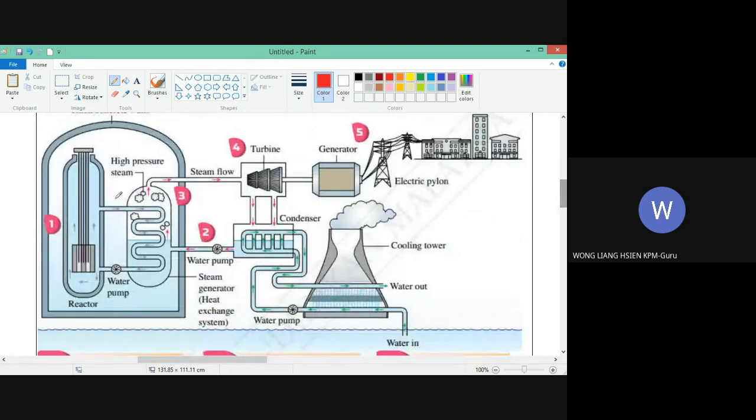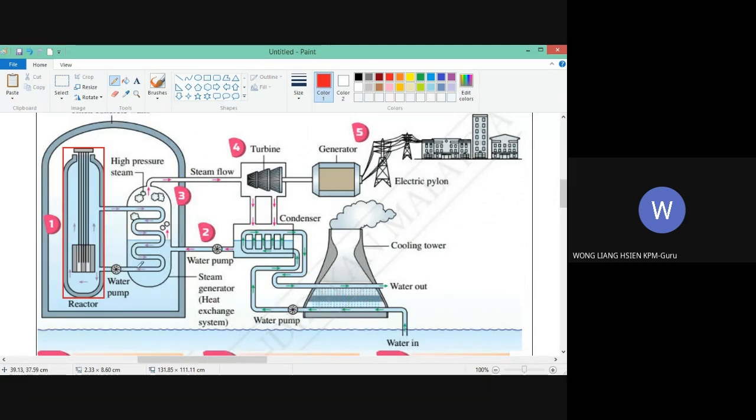You see, this is the nuclear reactor. Inside this nuclear reactor, heat energy is produced from nuclear fission.